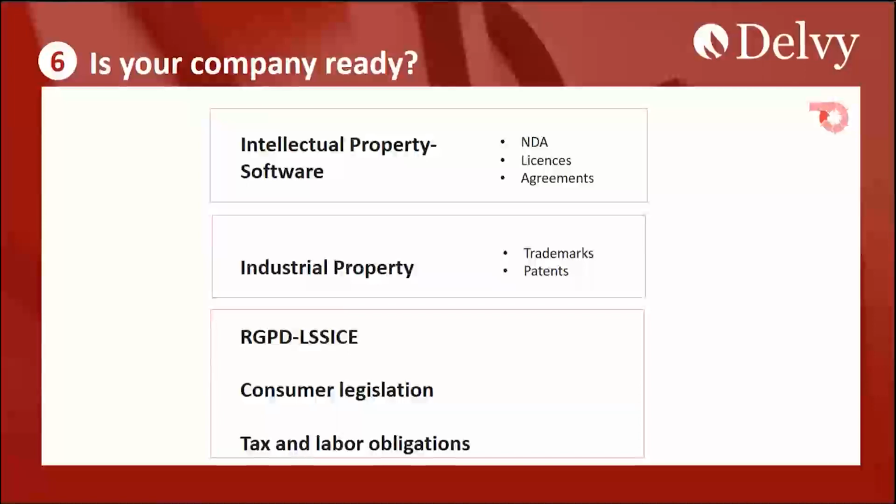The worst thing that can happen is that we receive investment, and afterwards we have to tell the investors, I'm sorry, but we had a sanction from the tax office because we haven't presented the taxes correctly, and we have received a fine of X amount of euros. That will not be a very good chat to have with the investors. Also, some of them will require that everything is up to date, and will have a legal check or a due diligence before deciding to invest in the company.